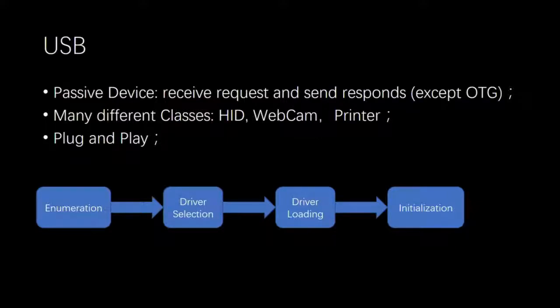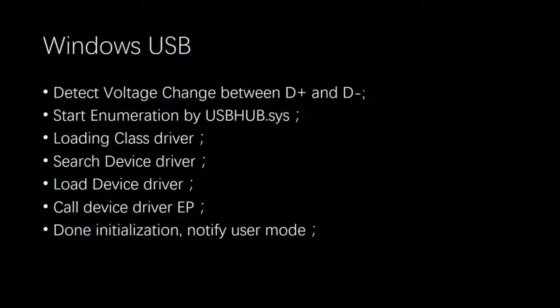In this stage, the operating system requests some basic information from your USB device, and then uses this information to do driver selection. After the operating system finds the matching driver, it will load the driver and do the initialization. And after that, you can use your USB device.